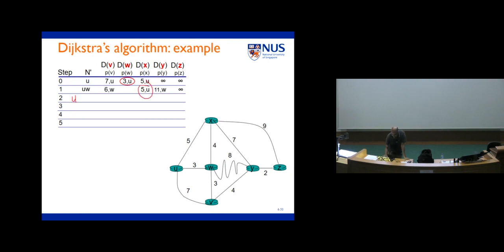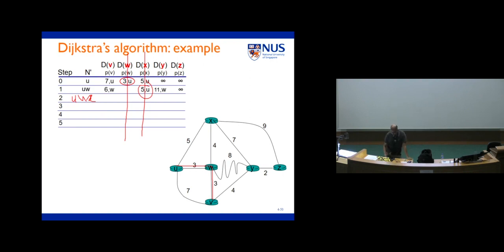So now I become U, W, and X. And now I check. I don't need to worry about W or X. It's only about V, Y, and Z that I care about now. Previously, the best way to go to V was like this.